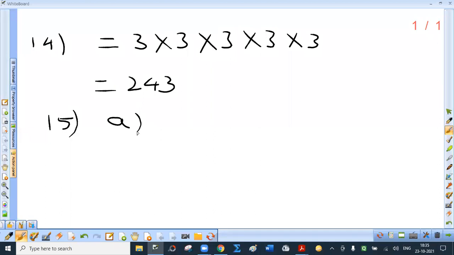So it can be done in 10p3 ways. But that particular object can be at first position or second position or third position or fourth position, right? So finally it is 4 into 10p3.